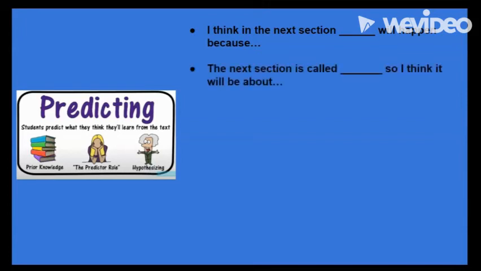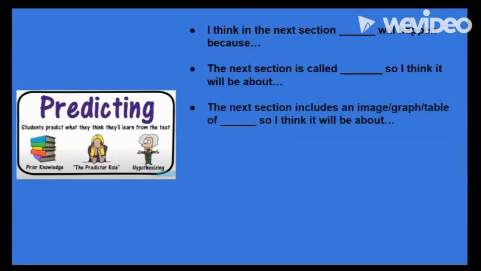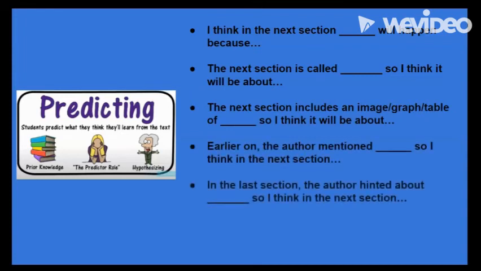And then lastly, the last step is always a predicting. So that's where the student starts to look ahead to the next section. And what's really important about the predictor is that their predictions need to be text-based.